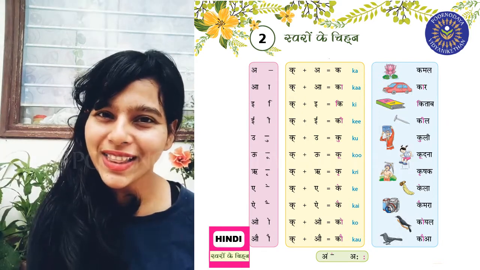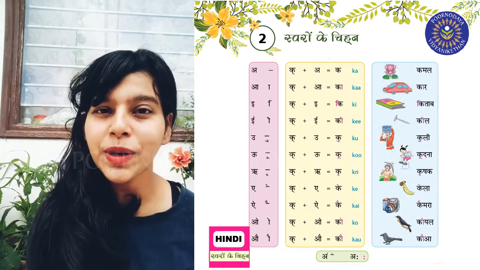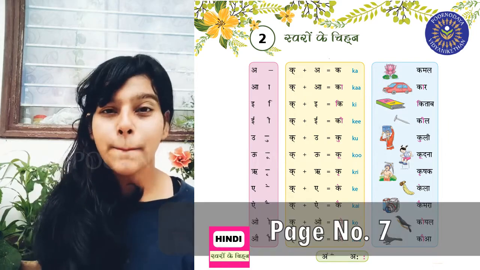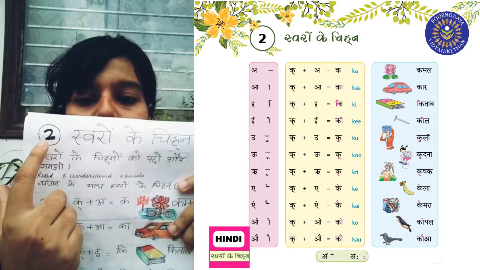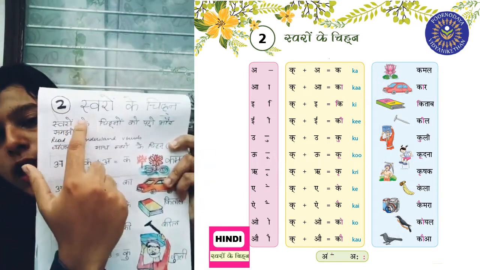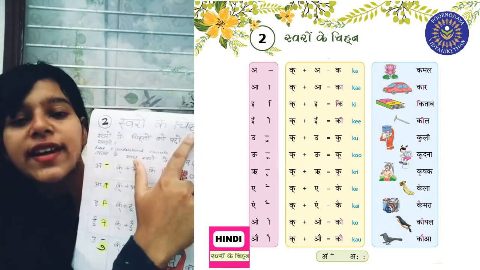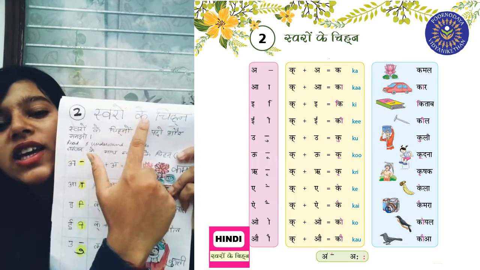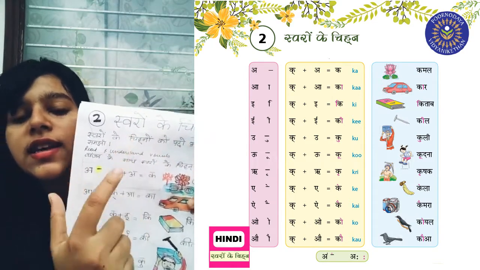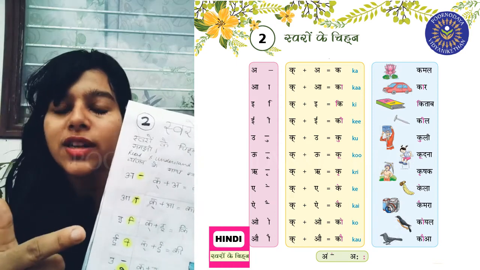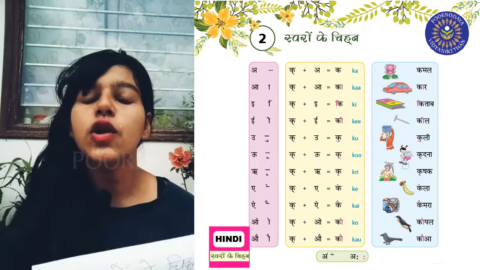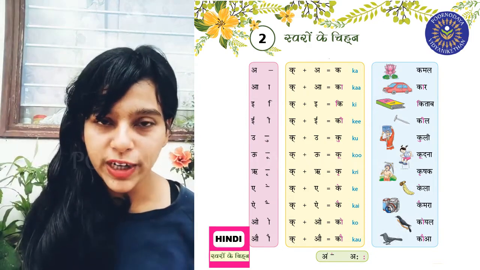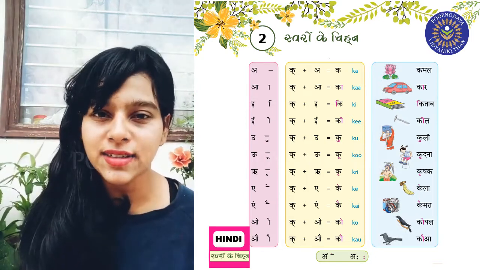Yes, bring your Hindi school book and open page number 7. On top it's written swaro ke chin. It means signs of swar letters. In Hindi, Varnmala is letters in English.